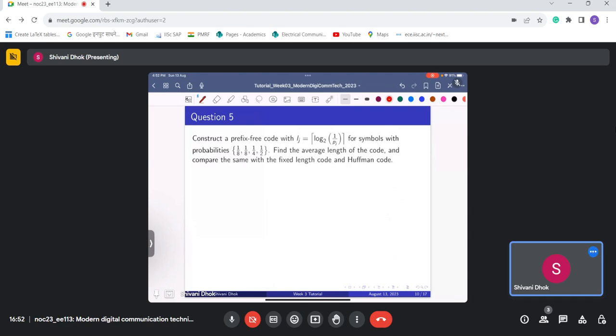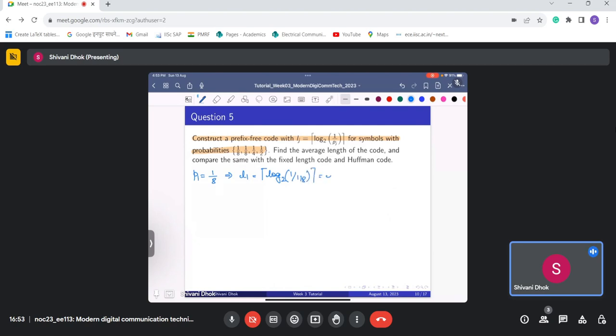Okay, so let's start with the first part. Let me highlight the part which we are going to do first. So first we will be doing construction of the prefix-free code with these probabilities. Okay, so let's start. What we have here is P1 is 1 by 8, which means L1 is the ceiling of log to the base 2 of 1 divided by 1 by 8.